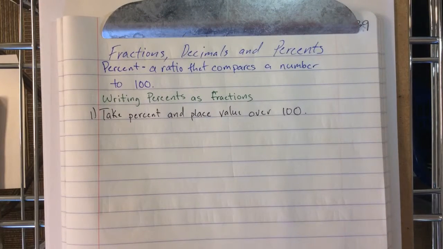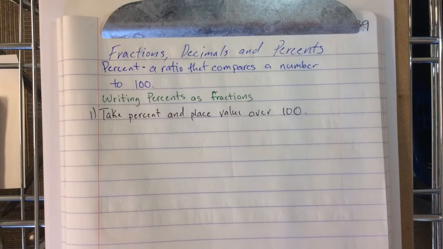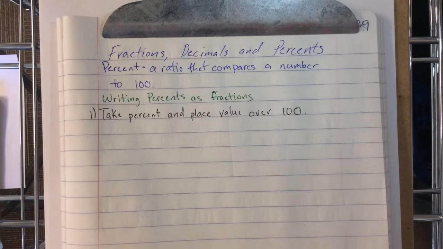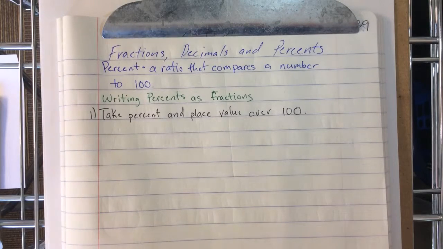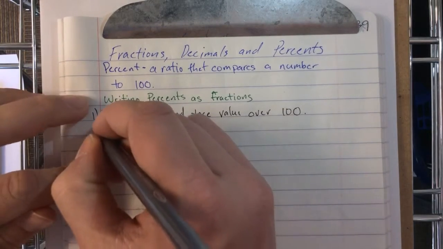So we're going to take that number that is written as a percent, and we're going to place that value over 100, because a percent is a ratio that compares a number to 100, right? So we're going to want to compare it to 100. And our second step is to simplify.